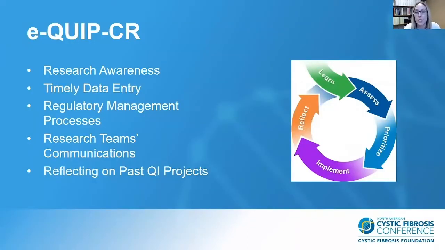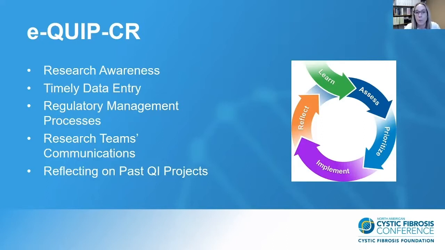These presentations will take us through the cycle of quality improvement principles related to clinical research. Topics include patient registry data entry, improving research awareness and engagement, preventing delegation of authority log errors, clinical research trial co-enrollment, and revisiting EQIP projects.